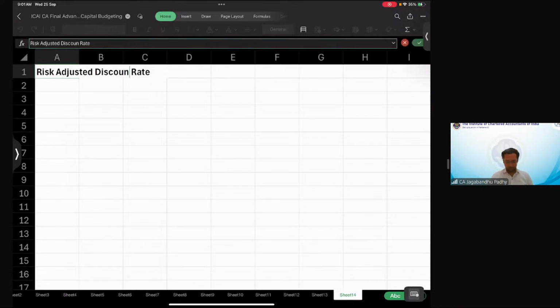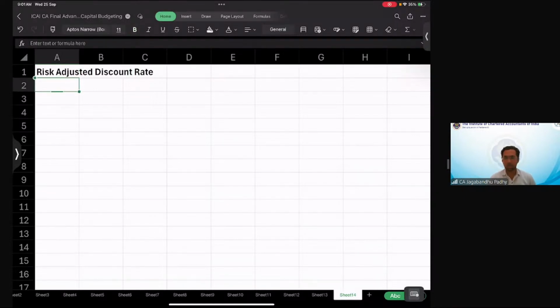So ideally, when we discount a project's cash flows, we will also consider the risk in it. A project with a lesser amount of risk will be discounted at a lower rate, and a project with a higher amount of risk will be discounted at a higher rate.